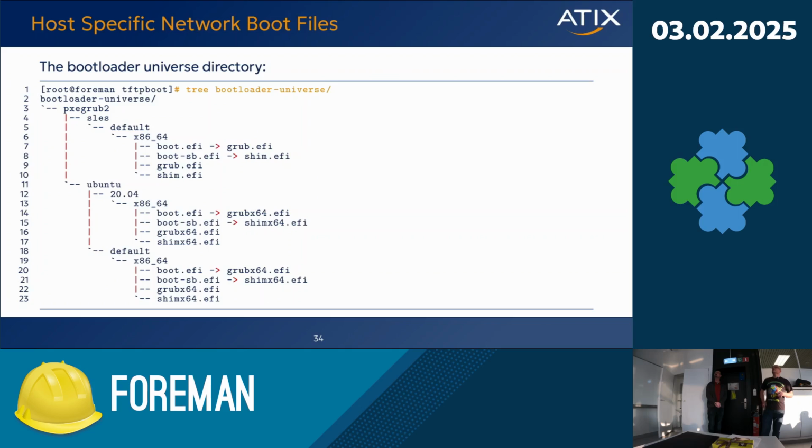And they simply symlink to the shim and grub, however they are called, because every operating system vendor can have different names here. So for SUSE, we have grub.efi and shim.efi. For Ubuntu and a lot of other systems, we have grubx64.efi. And to unify that, we added these common names.